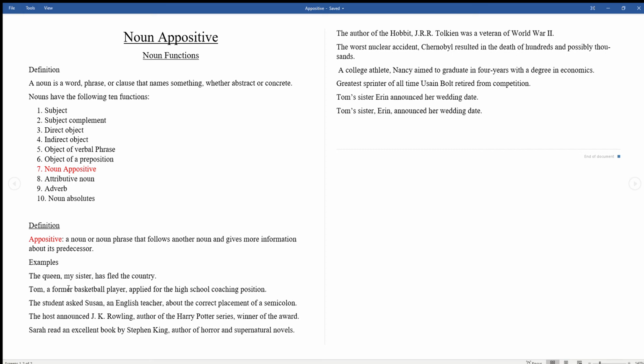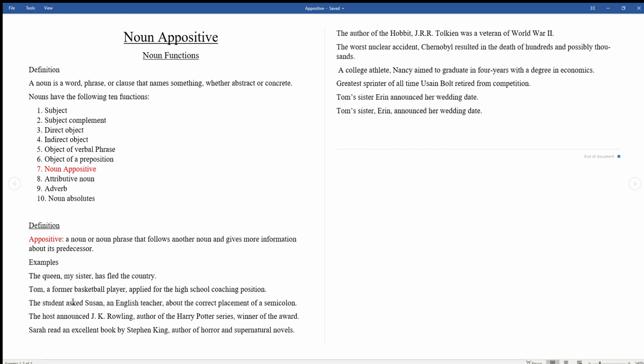Okay? Just so we know that the appositives do not have to be in this structure all the time, meaning you don't always have the subject, appositive, and this would be the verb, and then the predicate here. You can have more variation than that, and we'll see it here. In this next, the third sentence: The student asked Susan, an English teacher, about the correct placement of a semicolon.